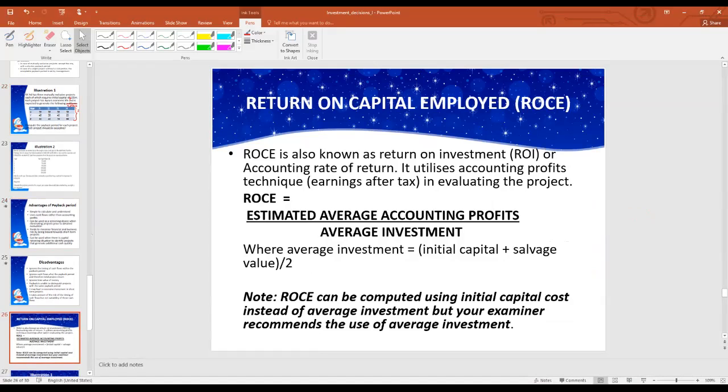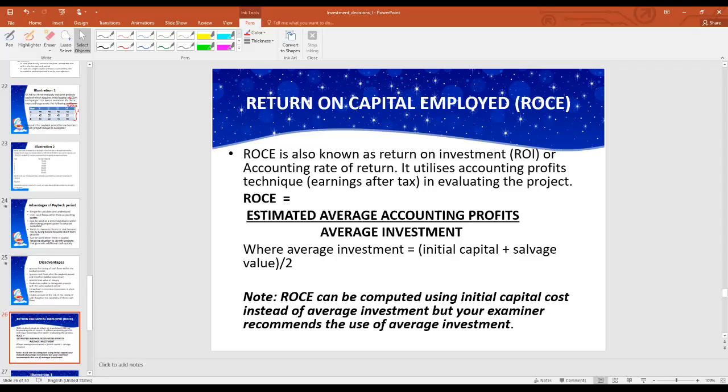The next appraisal method is the use of return on capital employed, also referred to as the accounting rate of return. And here, as I had mentioned, this is the only method that actually uses profit in project analysis.